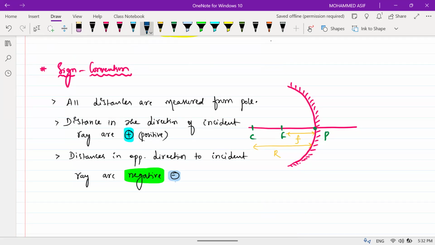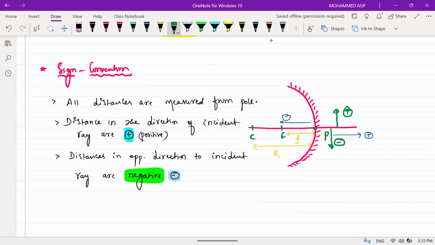In your diagram, in this direction, if you're going, you take it as positive. If I'm measuring the distance in this direction, you take it as negative. Everything above the principal axis, you take it as positive, and everything below the principal axis, you take it as negative.